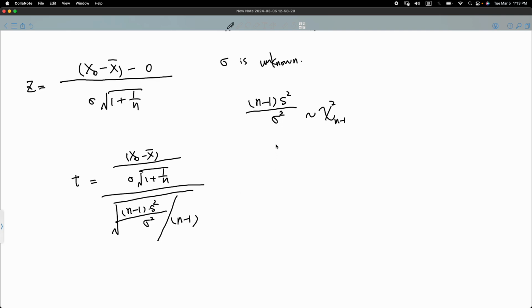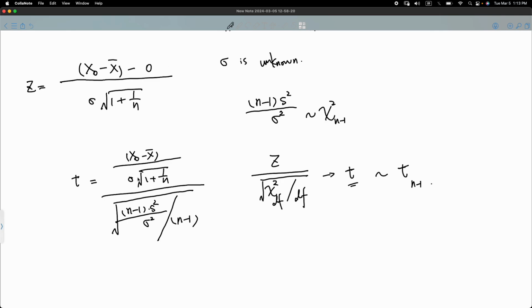So what we have here is a standard normal random variable over the square root of a chi-square random variable, with degrees of freedom, let's say here I'm just referring to a general case, divided by df. This gives you a statistic, which we denote as t, that follows a t distribution with degrees of freedom n minus 1. Yeah.